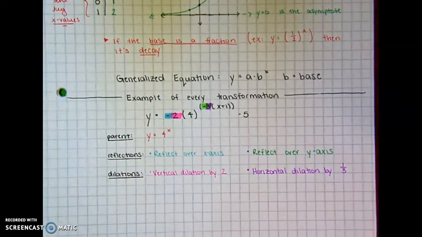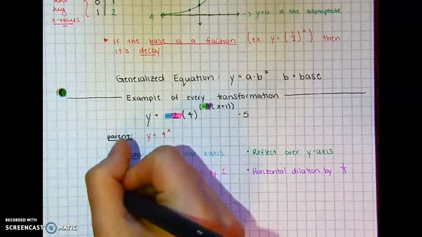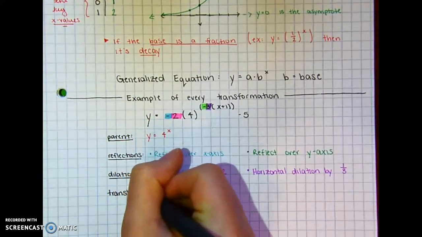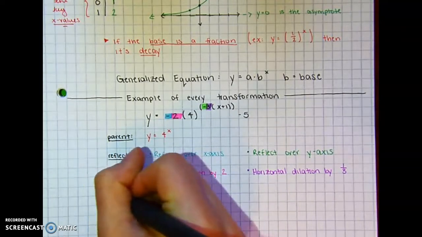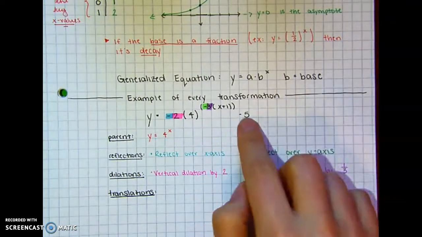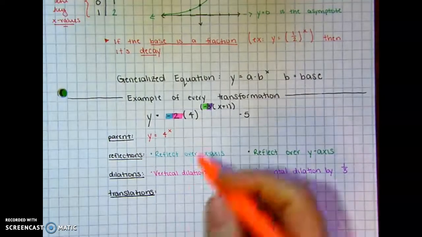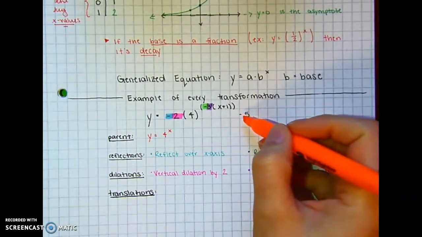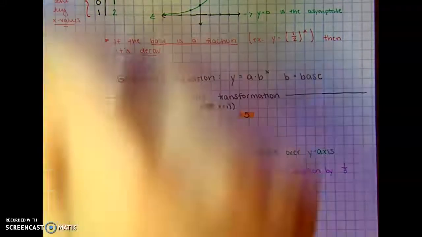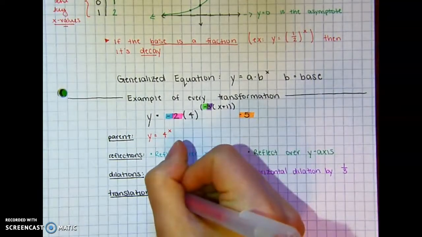Okay, now we just have translations. And when it is on the outside like this, we are translating down 5.